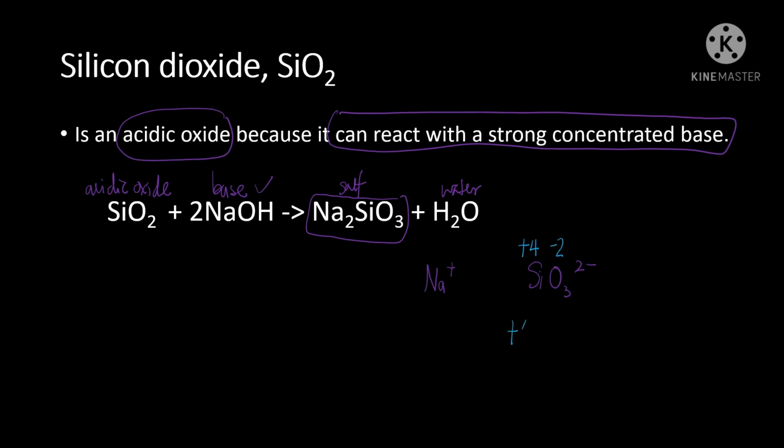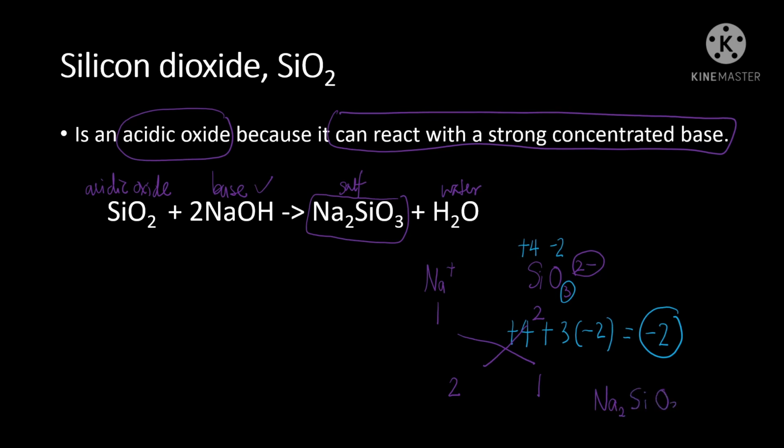So positive 4 silicon plus 3 negative 2 give us total negative 2 as the charge of the silicate ion. So sodium ion charge positive 1, so 1, and the silicate ion 2, and then cross we get 2, 1. Therefore, the chemical formula for the sodium silicate salt is Na2SiO3.